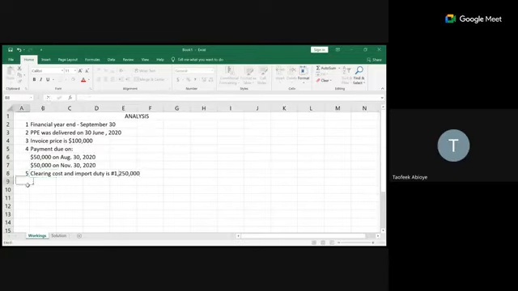Then they give us another piece of information. They said it is a policy to depreciate assets, so they give us the depreciation rate at 20%. So those are the information we have.